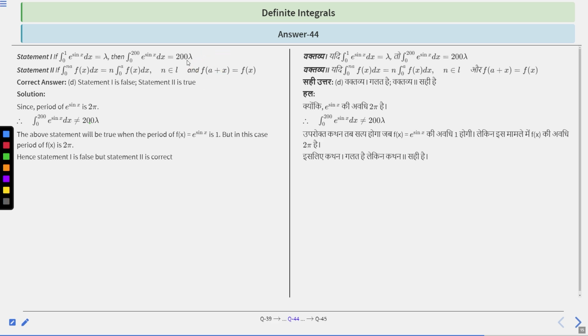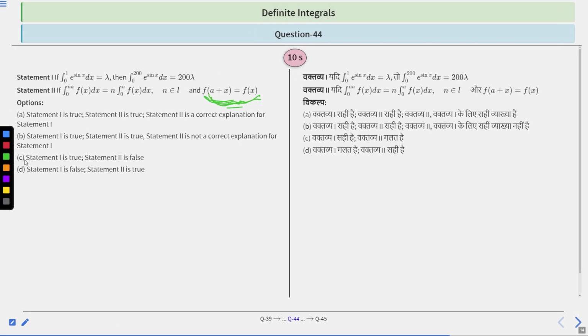But f of 1 plus x is equal to f of x is not true. Therefore, statement 1 is false, but statement 2 is correct, because in statement 2 this condition is also valid. So I think option D is again the right choice. Got it?